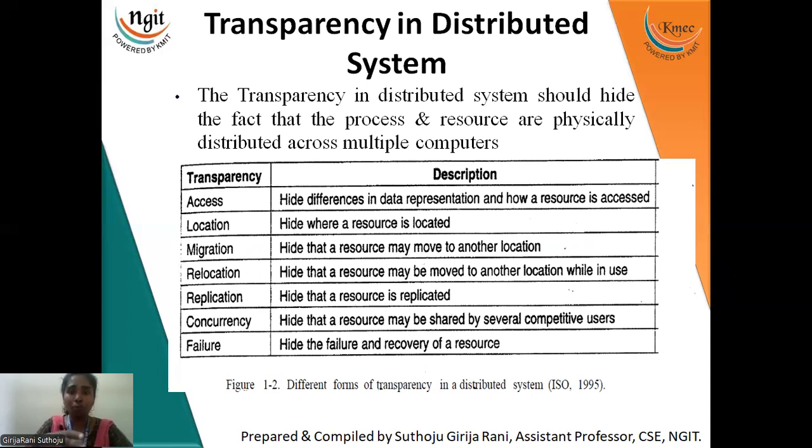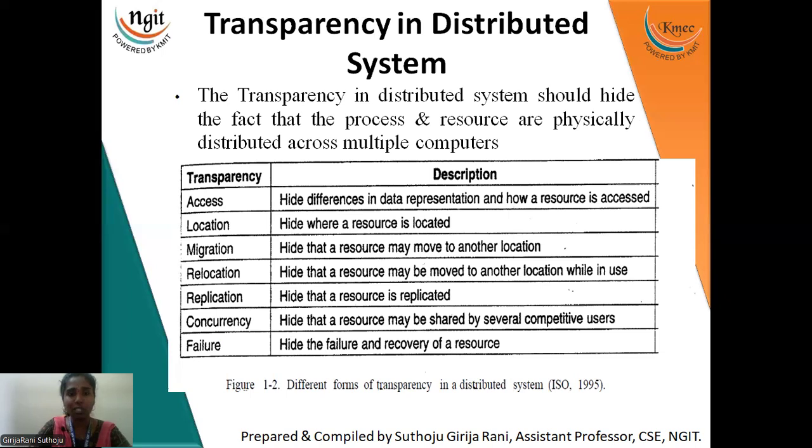There are a number of processes and resources acting, right? All these combinations should not make the user aware that something is happening in the background. The user must be able to just utilize the software, but unnecessary things we should hide from the user. So what are we hiding? Hiding in terms of transparency.